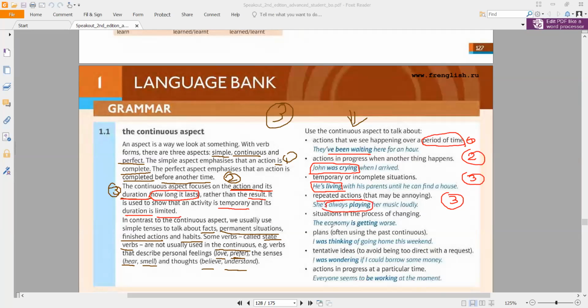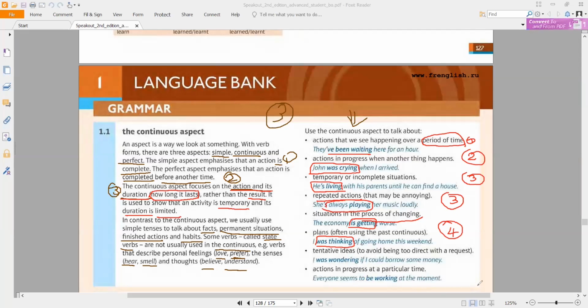Situations in the process of changing. I told you, getting better, getting worse. The economy is getting better, or is getting worse. So process of changing. Plans. They're telling you, I was thinking of going home this weekend. Past continuous as well. Tentative ideas, to avoid being too direct, or a request.